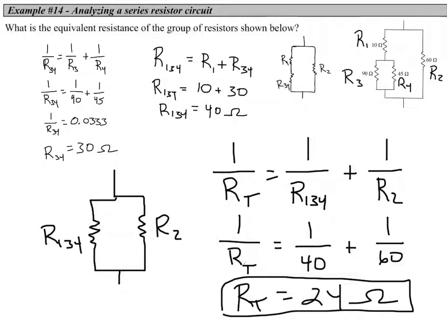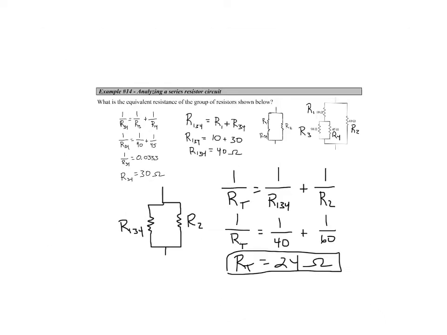Now it can seem kind of tedious to have to go through and redraw the circuit, but when we get more and more complex circuits involved in problem solving, it's going to be a strategy that you can use that's really, really effective to make sense of what's going on in these circuits. Now, two special cases to keep in mind when we're talking about reducing circuits are the equivalent resistances of identical resistors.